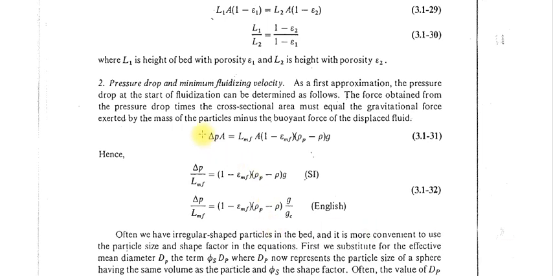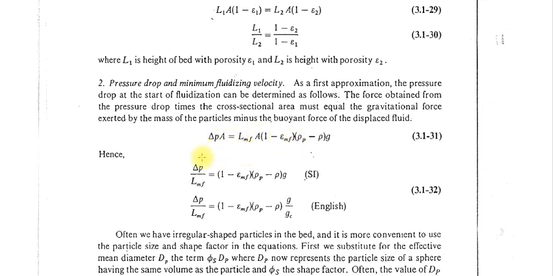This is the buoyancy force, delta P by A, the pressure drop per unit area, which works in the upward direction, and this is the gravity force, which works in the downward direction. Both are equal at the point of minimum fluidization velocity.